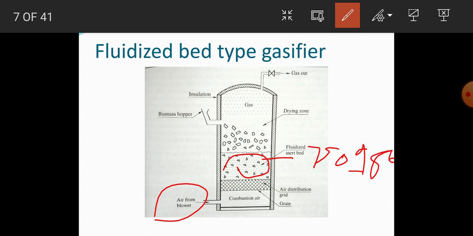Fuel gas so produced contains impurities, dust, char particles, and tar. It needs conditioning and cleaning for utilization as an engine fuel.